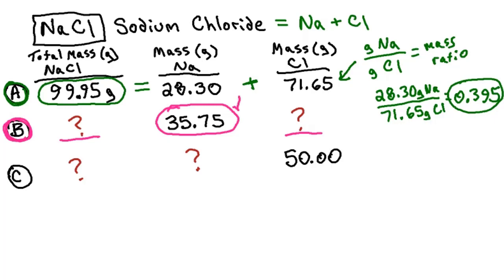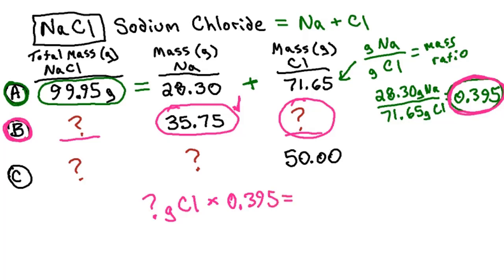We have our mass of sodium, 35.75, and we have our mass ratio, which we found from sample A, that's 0.395. So if we take the grams of chlorine, this question mark, and we multiply it by the mass ratio, 0.395, we're going to get the mass of sodium in grams as the answer.